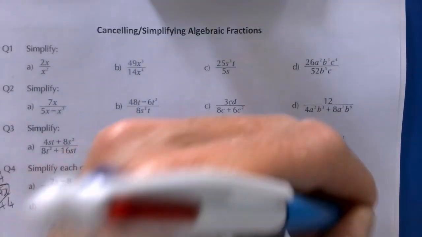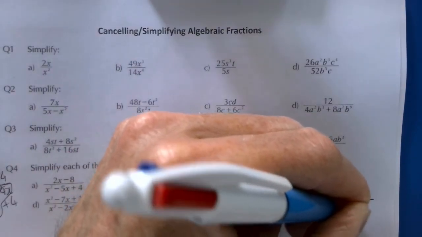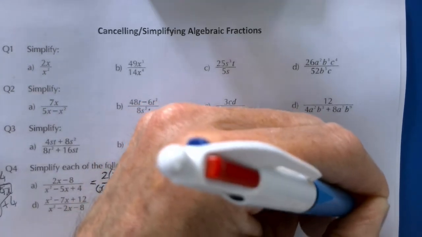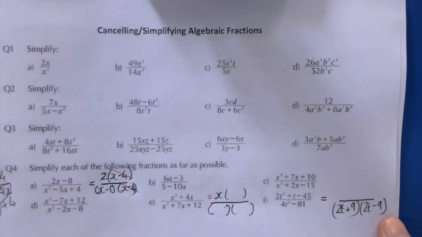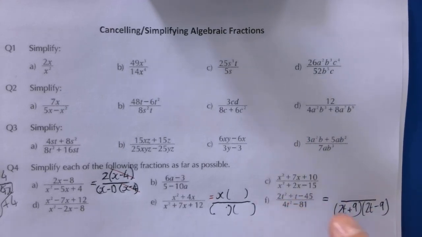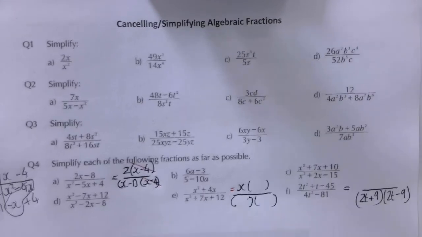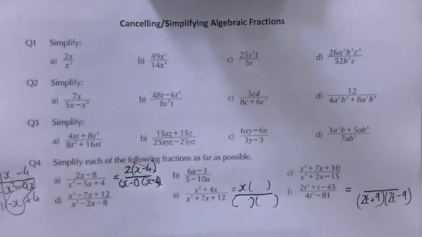So this one is 2t plus 9 and 2t minus 9. If you multiplied that out, you'd get plus 18t and minus 18t, which will cancel out as well. So I'm fairly sure that one of the brackets here is going to be either that or that. Right, have a go, and then I'm going to come back with the answers in just a moment.